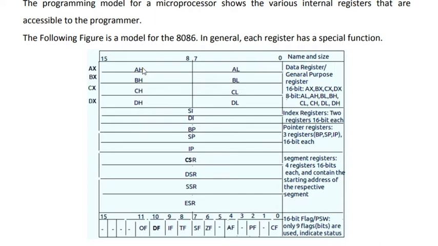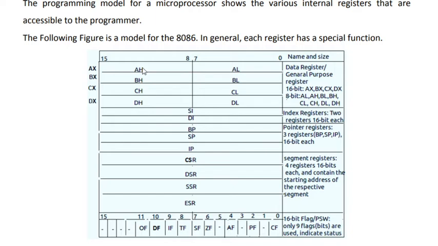Then onwards, we have two index registers, namely SI and DI, which stand for source index and destination index. We have two pointer registers, BP and SP, which stand for base pointer and stack pointer. We have one instruction pointer.